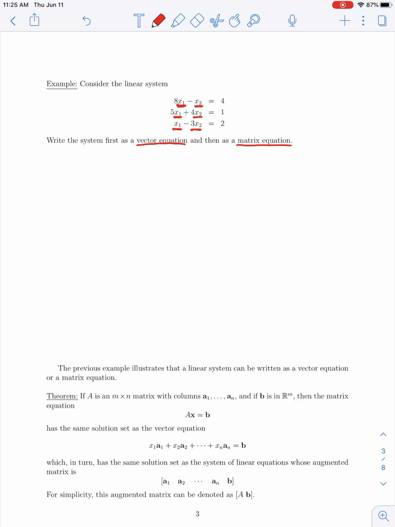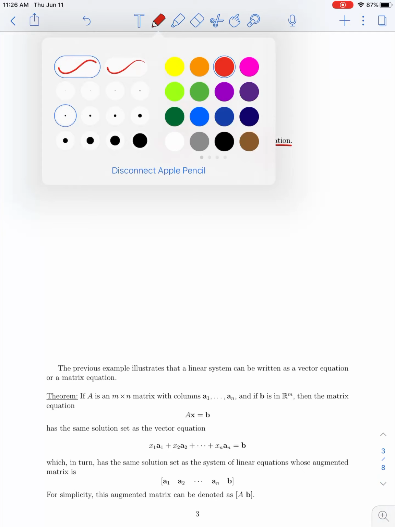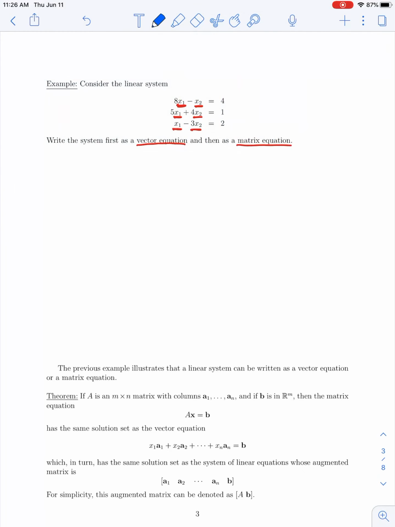So an easy way to first write this as a vector equation is to try to think about the left-hand sides of each of these 3 equations in terms of vectors. Notice that this left-hand side of our equation, we could think about this as being the sum of 2 vectors with weights given by our variables, x1 and x2.